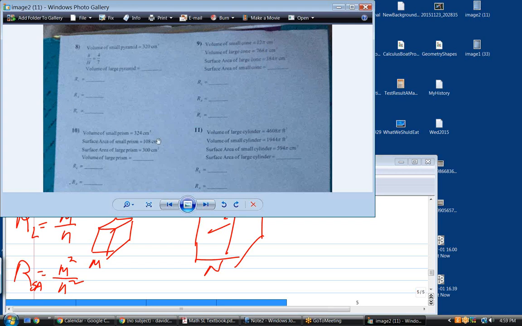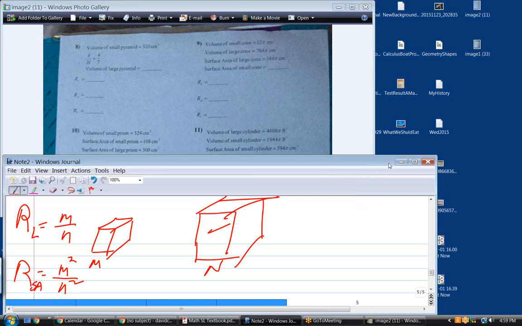So they're not always going to make it simple. They're not always going to start off by giving you the linear ratio and asking for the other two. They might give you the volume ratio. But usually what you have to do is come up with the linear ratio at some point. And once you get the linear ratio, then you can come up with the area ratio by squaring it or the volume ratio by cubing it.